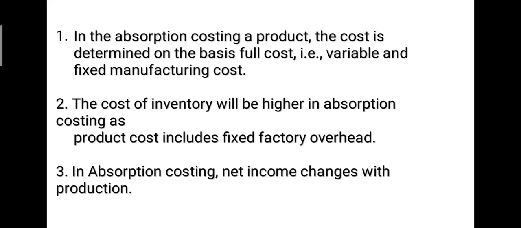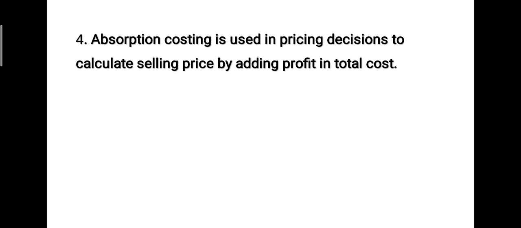In absorption costing, net income changes with the production. If the number of units produced is high, the net income is also going to be high. If the production comes down, the net income also comes down.